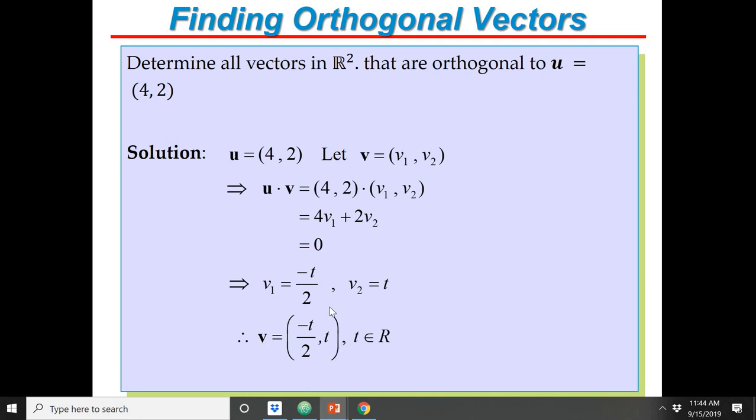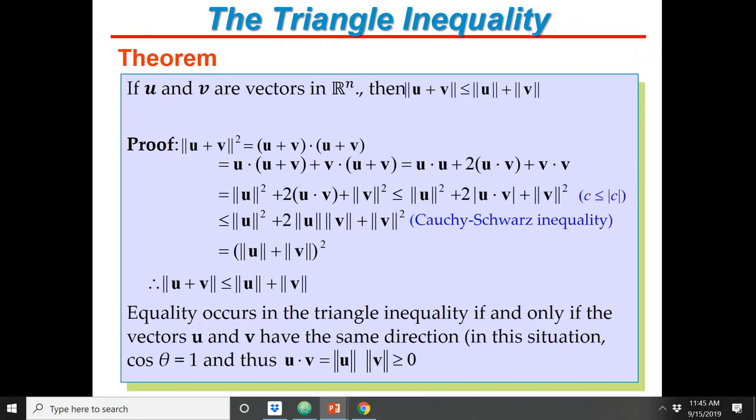So interestingly, note that the dimensionality of this orthogonal space is 1, and the dimensionality of this line of the vector u (4, 2) is also 1. And interestingly, 1 plus 1 is equal to 2. Okay, so if you want to start thinking what this thing implies, 1 plus 1, the two things together, they make the whole of R2.